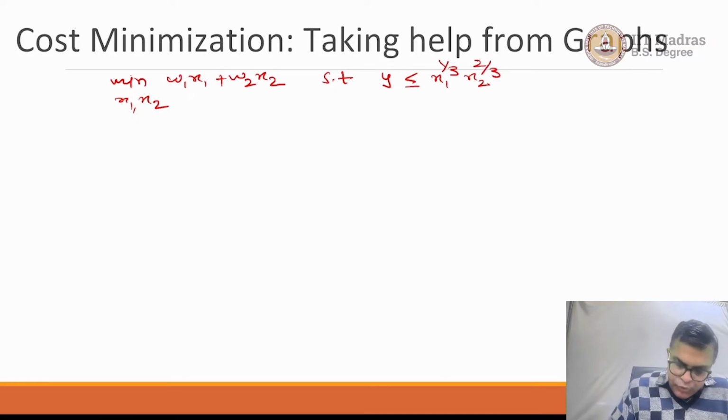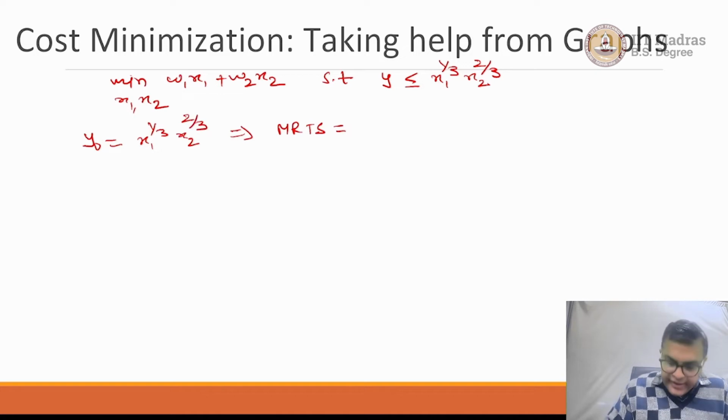It means if we look at a particular isoquant, we can calculate the MRTS, the marginal rate of technical substitution, which is MP1 divided by MP2, as we had obtained in previous videos.